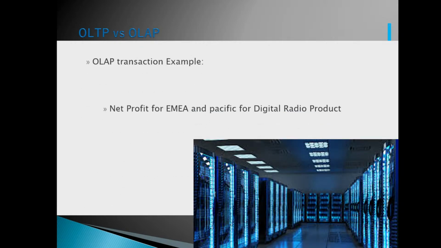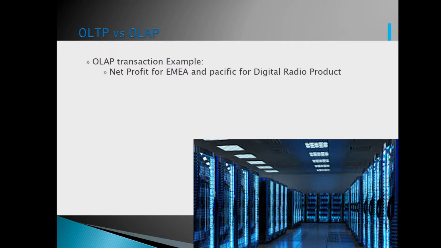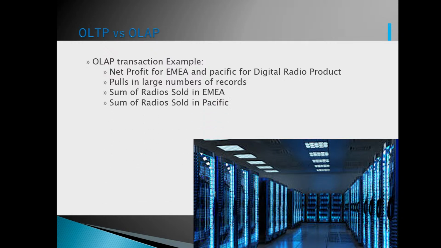But if you're dealing with a huge amount of data, I'm talking about lakhs, millions, billions of records that you pull together, process, and get some information out of, then you have to have a special type of database, that is OLAP. It is an online analytical platform.